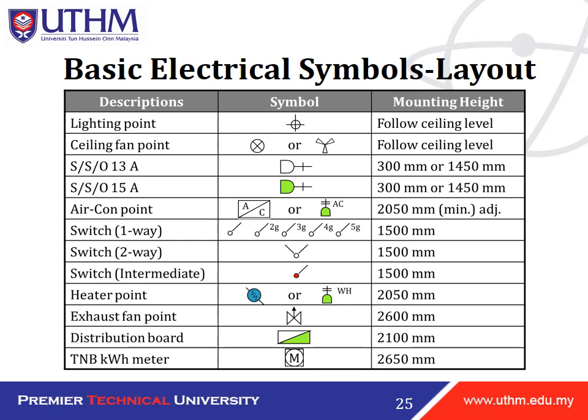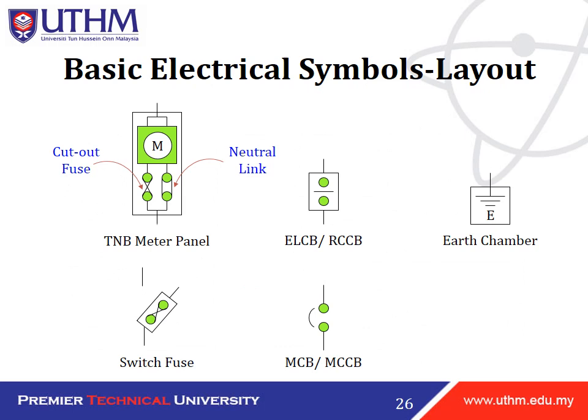Okay, this is the basic electrical symbols layout. We have the lighting point, the symbol is like this. Ceiling fan point, SSO for 13 amp, 15 amp, and etc. You can read by yourself. This is the basic electrical symbol layout.